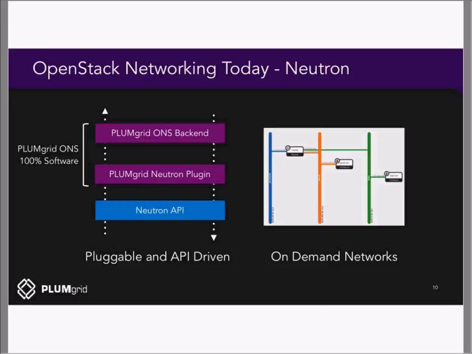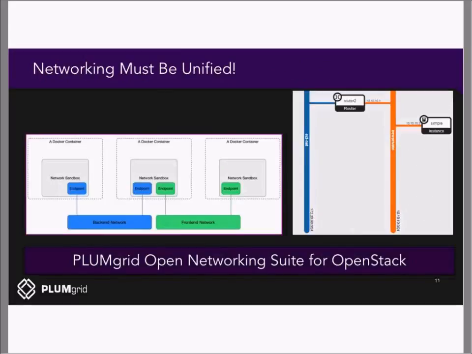You can have on-demand networks. So as you see, the comparison between Neutron and libnetwork from a provisioning point of view is there. You have one API which does it all, and you have this pluggable architecture. Since most of the people are familiar with the Neutron model, I would like to do some comparison here.